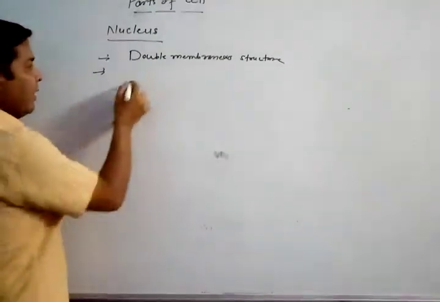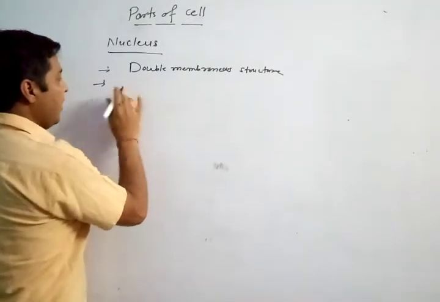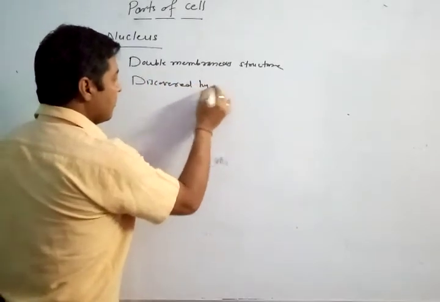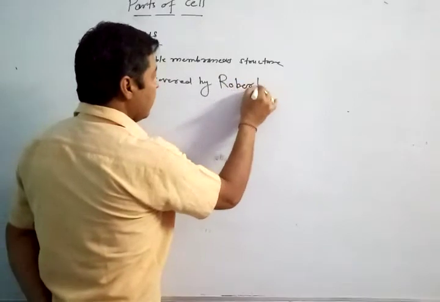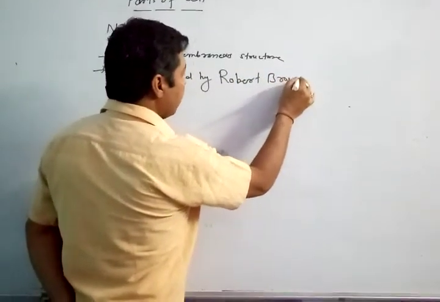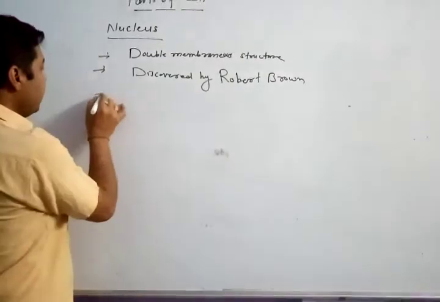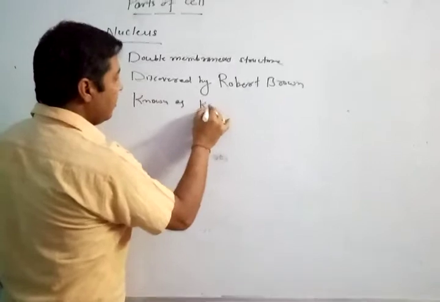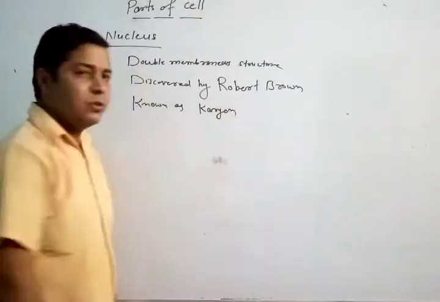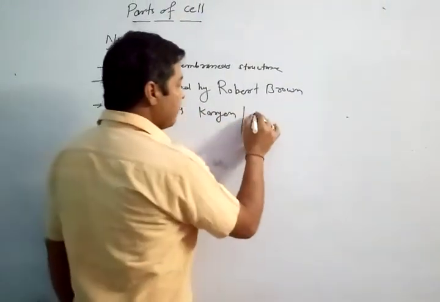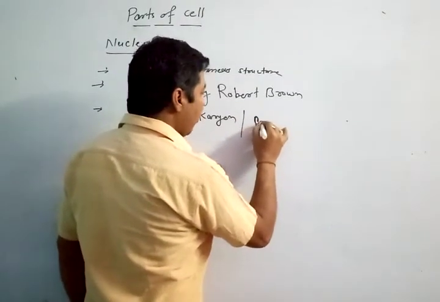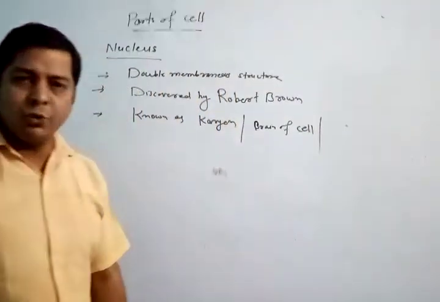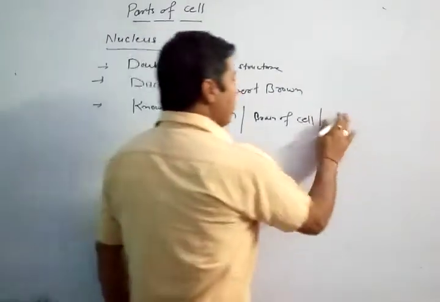The nucleus was discovered by Robert Brown. It is also known as karyon, the brain of the cell, or the control center of the cell.